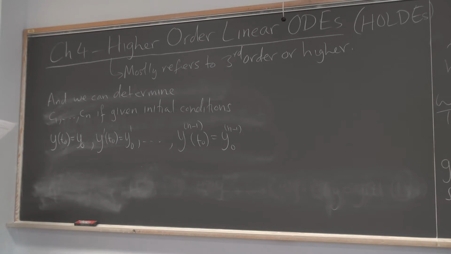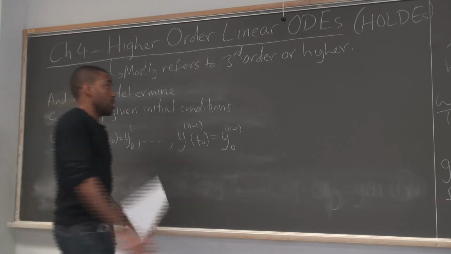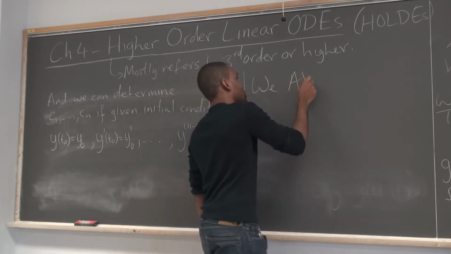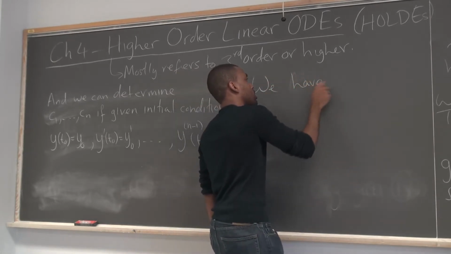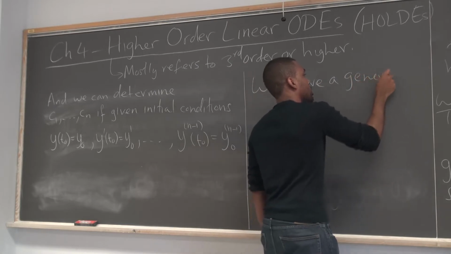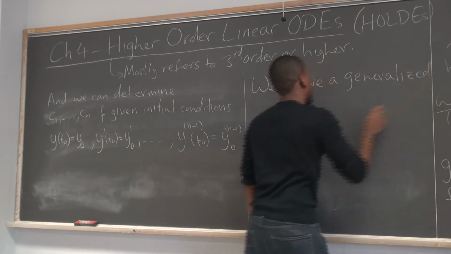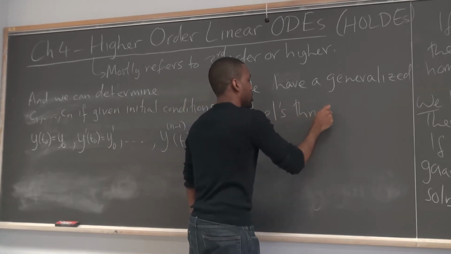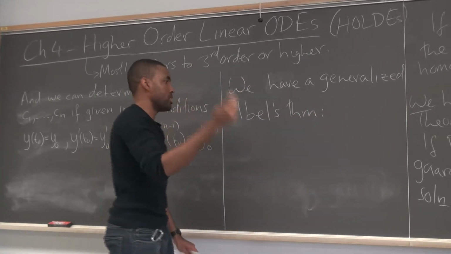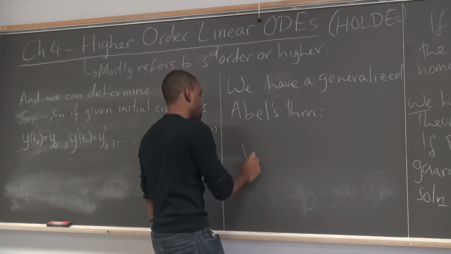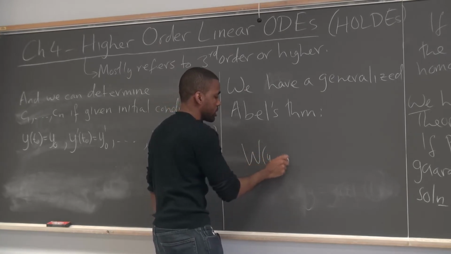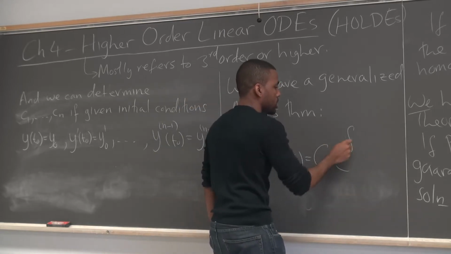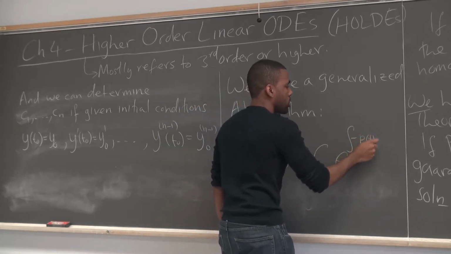Anything else I wanted to tell you? We have a generalized Abel's theorem, which says, if everything's continuous and so on, the Wronskian of all our y's can be written as a constant times e to the integral of minus p1 of t.